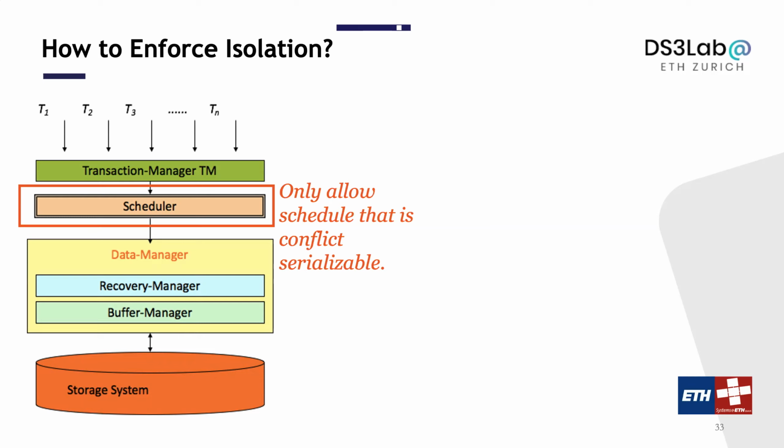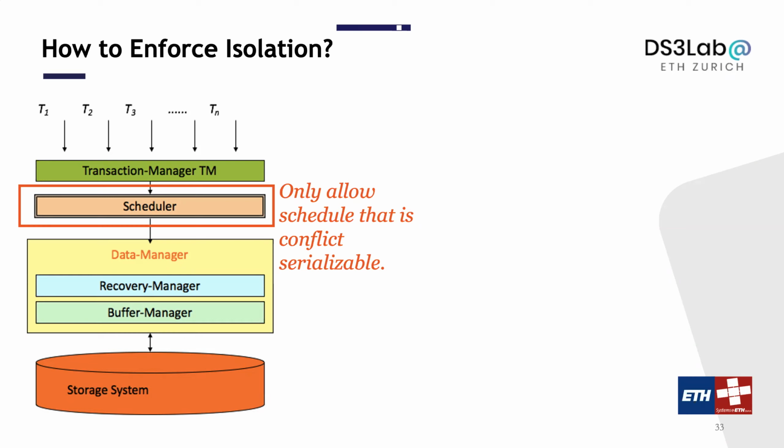You have a scheduler inside your database system to deal with the concurrent execution of multiple transactions. You have your transaction manager, which takes a whole bunch of transactions, T1 to Tn, at the same time. Then you have a scheduler to schedule the execution such that in whatever way you decide to mix all of those instructions, at the end of the day you always have a schedule that is conflict serializable.